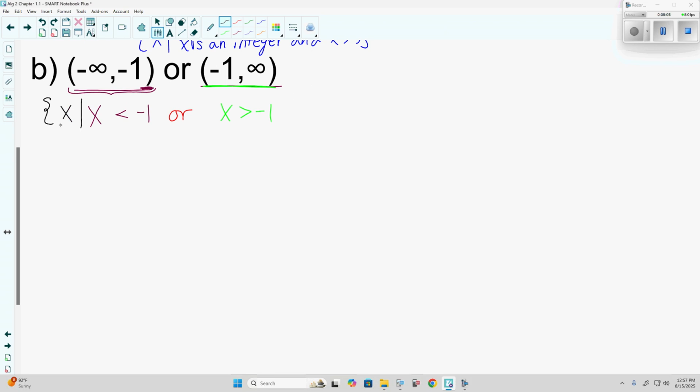All we have to do is add the fact that we're talking about the set of all real numbers, brace x bar, the set of all real numbers x, such that x is less than negative 1 or x is greater than negative 1. Are we missing anything? Brace at the end. Yep. That's it.